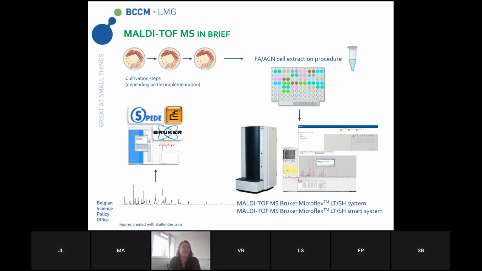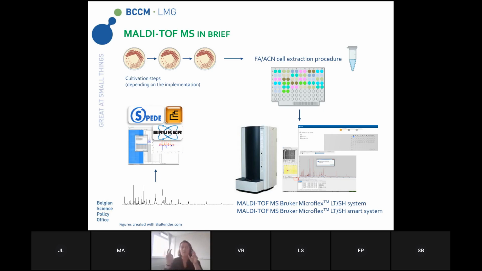Afterwards, for 99.99% of the time, we go for a cell extraction procedure based on the Bruker cell extraction protocol, for which we use a formic acid acetonitrile extraction procedure. Often we spot our cell extracts in duplicates, so they have technical replicates, and we go to our MALDI-TOF MS systems. We have 2 systems in-house.